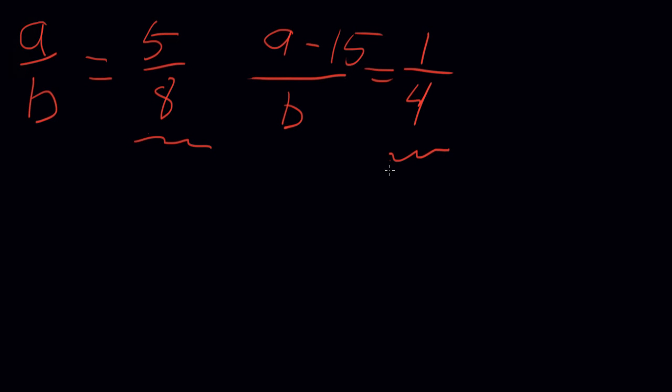You start out with a ratio of 5/8 and you end with a ratio of 1/4, which just means that for every 5 apples there are 8 oranges originally, and then after you eat 15 apples, hope you're full, you have 1 apple for every 4 oranges.